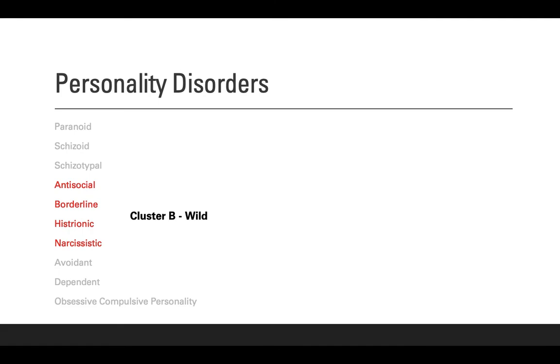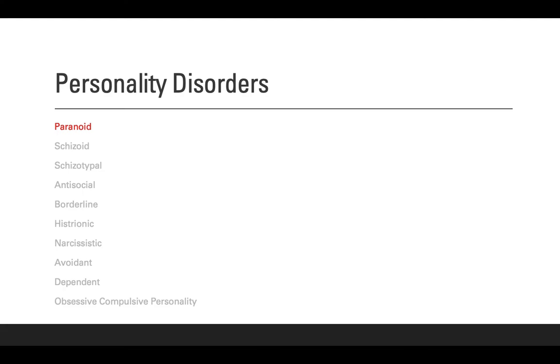These have a predisposition for mood disorders and substance abuse. So again, that's there for your memorization enjoyment. Cluster C, these are worried, and these people, obviously, since they're worried, are more predisposed to anxiety issues. And we're going to compare and contrast the different ones as we go.